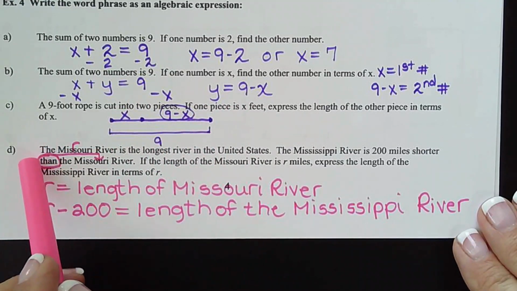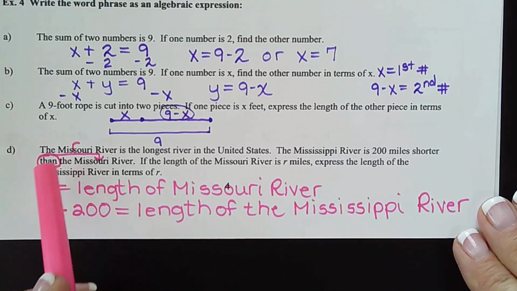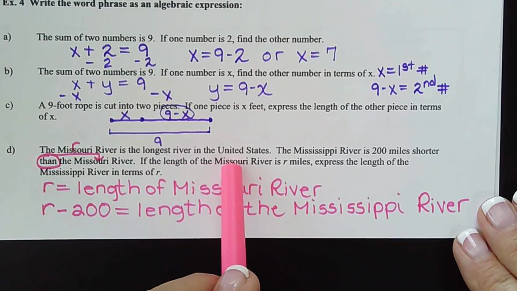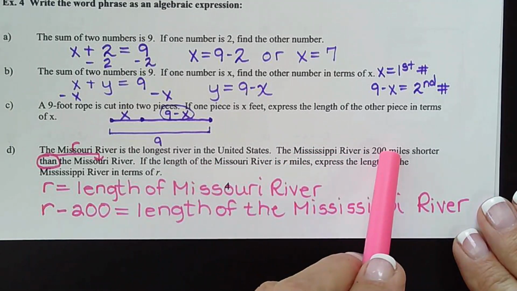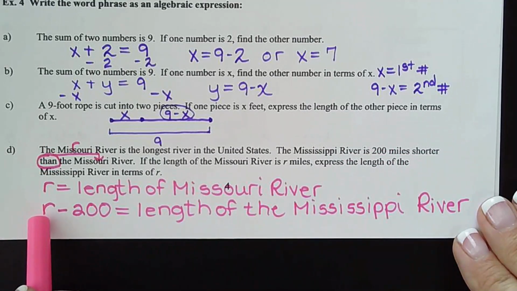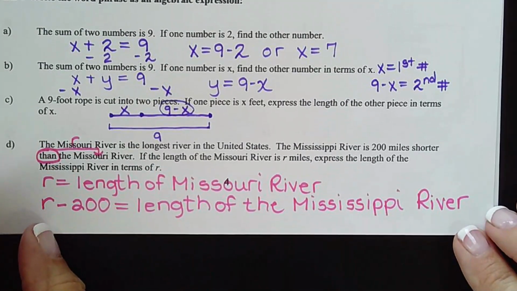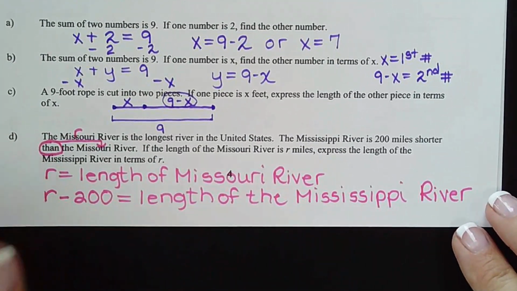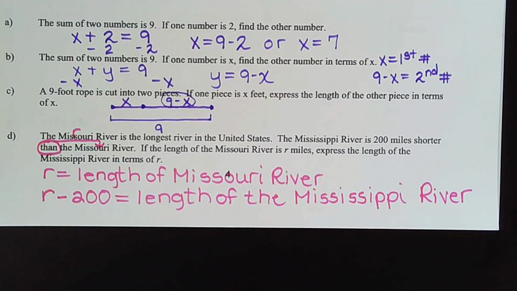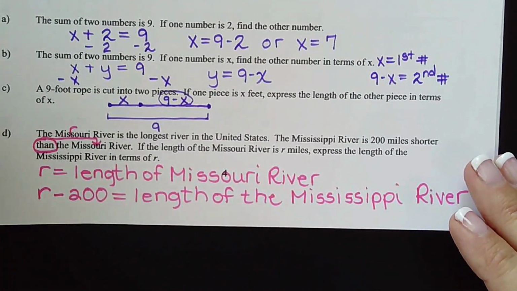When there's the word than and they don't give you the total, whatever follows than is your r, then you read: Mississippi River is 200 miles shorter. So take the Missouri minus 200, and that's the length of the Mississippi River. And now you'll never misspell Mississippi again.